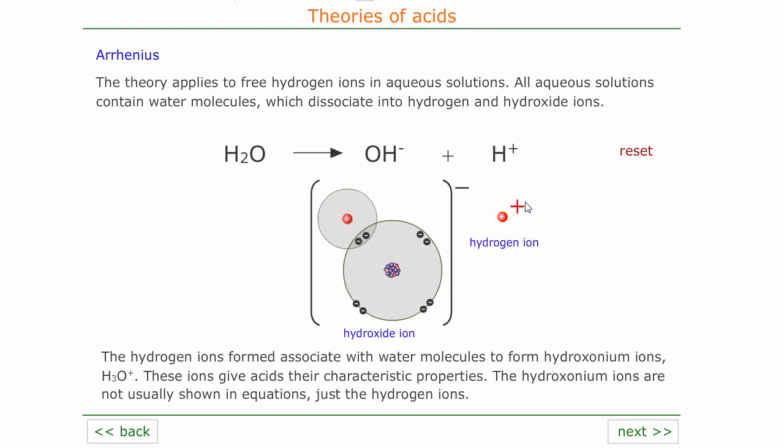This hydrogen ion is then captured by another water molecule to make a hydroxonium ion, and it's this that causes the acidity. In this particular case, the solution would be neutral because the water makes as many OH- ions as it makes hydrogen ions. In fact, in normal water at 25 degrees Celsius, there would be 1 × 10⁻⁷ moles per litre of hydroxide ions and hydrogen ions.